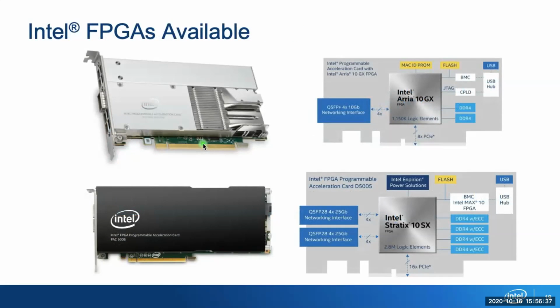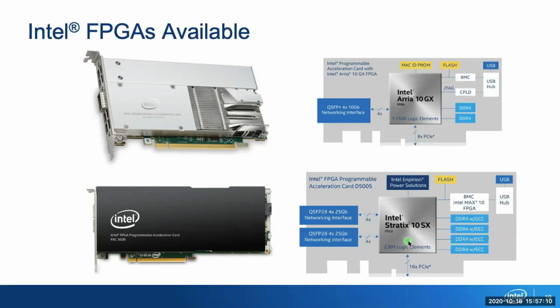Here we have two FPGA boards used as accelerators. Here we have network interfaces, high-speed network interfaces. There are many network applications taking advantage of FPGAs because they are critical. Arria is a mid-range product with just over 1 million logic elements.